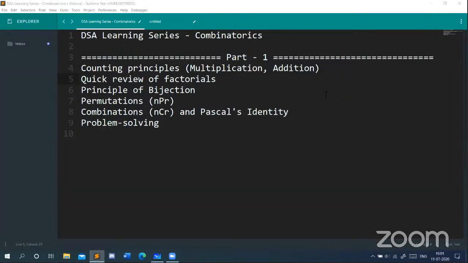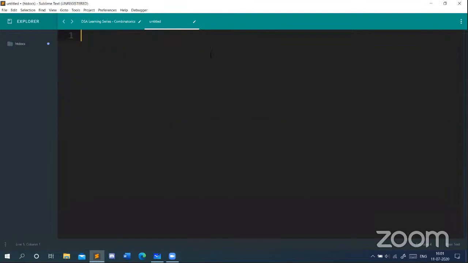So we're going to begin with counting principles, and this will really be a way to count things in a smarter way. But before we get to that, I'd like to discuss two things which will seem to be irrelevant, but they soon make sense in a while.